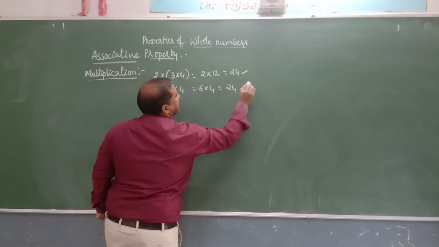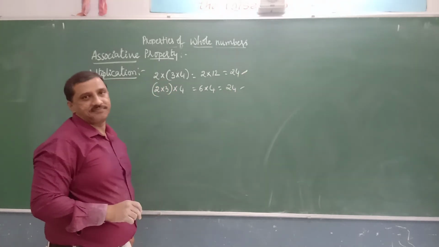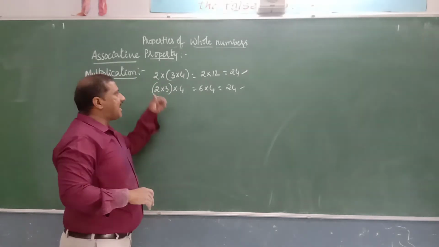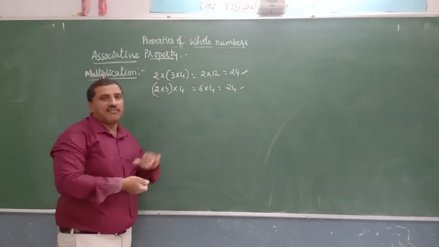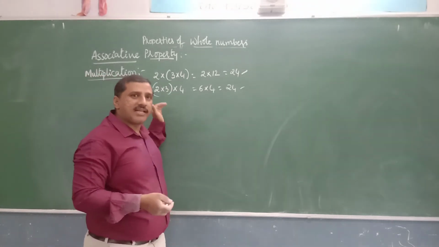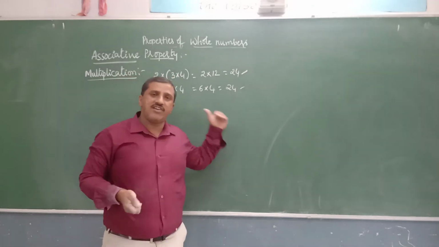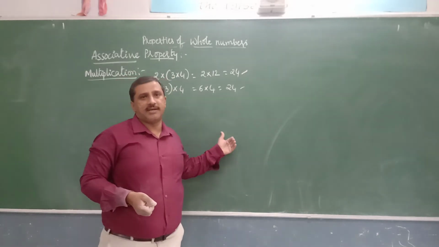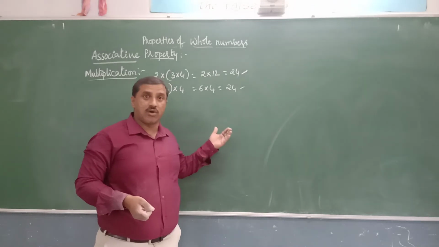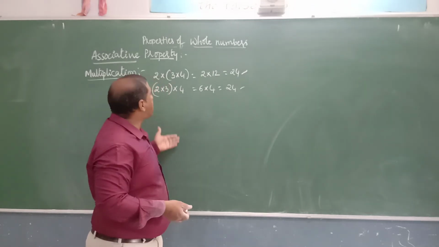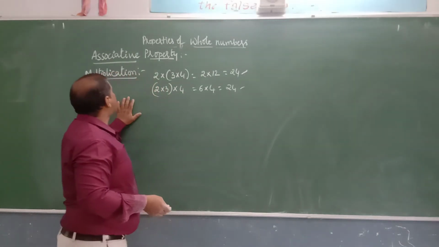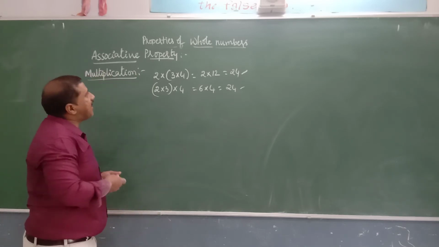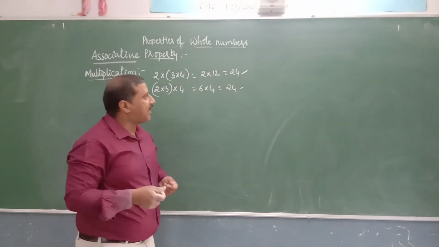So in both the cases we got the same product. Like this, if we take n number of examples also, we get the same product irrespective of their order. If you multiply three or more whole numbers, we get the same product only. Hence associative property is satisfied by whole numbers under multiplication.